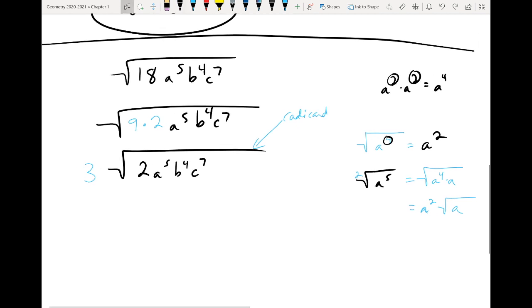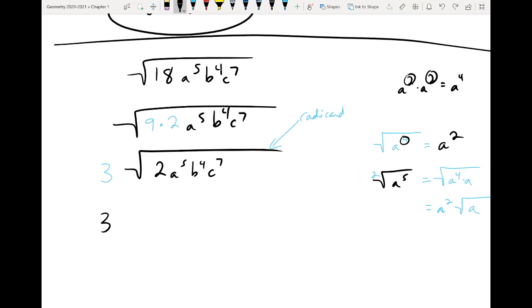So let's apply that over to our work over here. So we have the 3. Sorry, I'm going to move the radicand over to make room. We had a to the 5th, which gave us a squared, and the a is still stuck inside. And remember, the 2 was still right here, so that's still stuck inside. And we have the a.